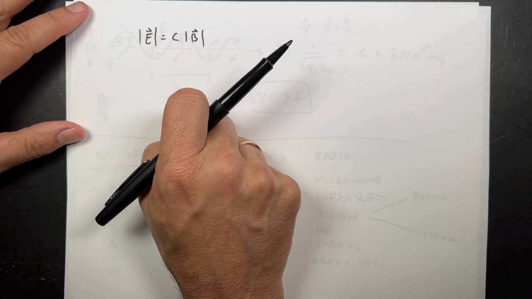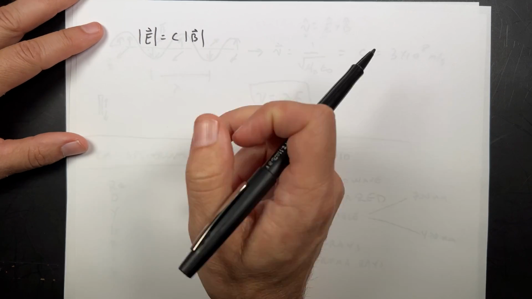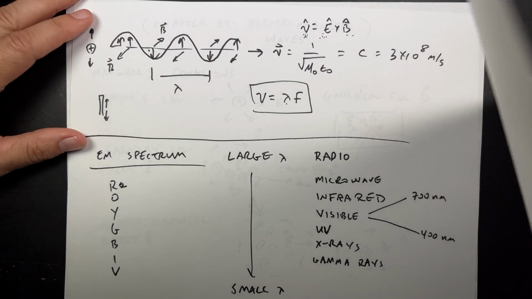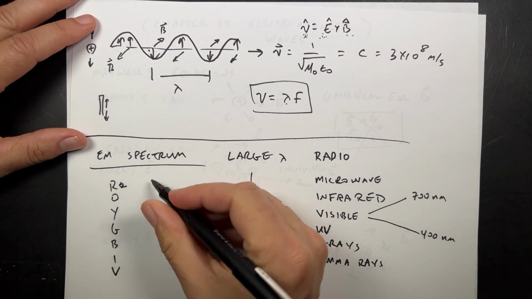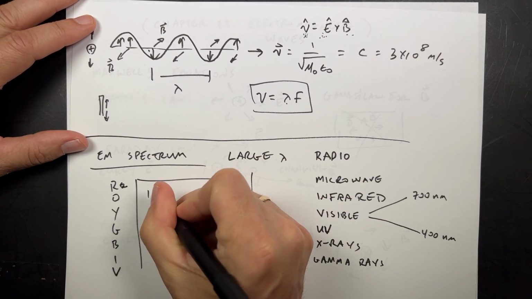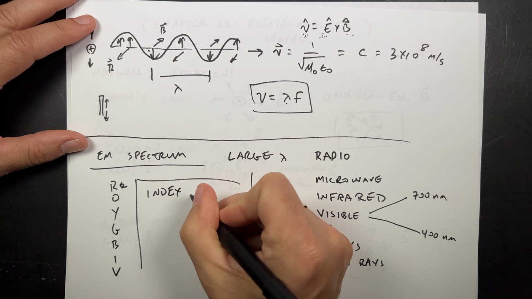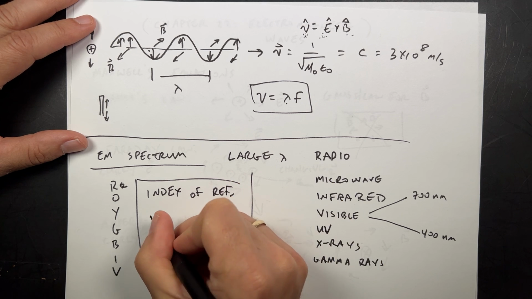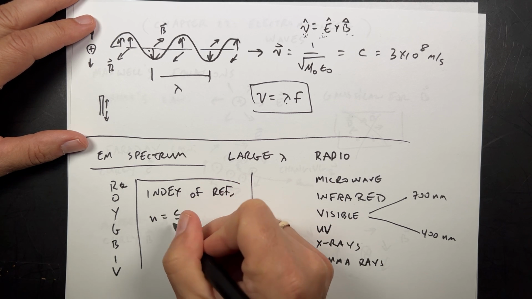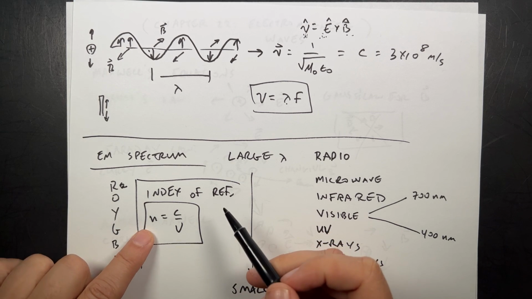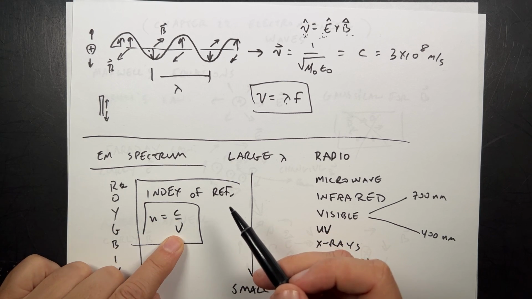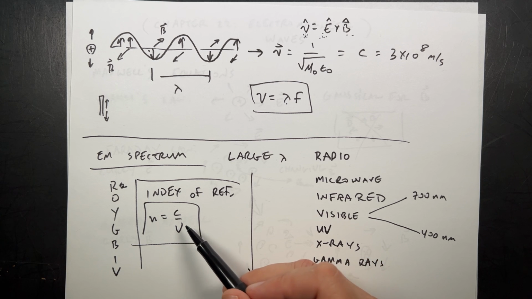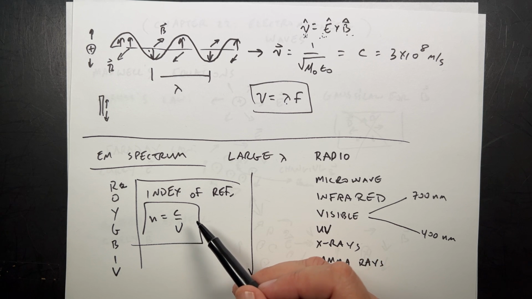Now, we can use this. We do have this index of refraction. And this is going to be really important later. I'll just put n. And it's n equals c over v. So this is the ratio of the speed of light in a vacuum to the speed of light in a material. So if you shine light into glass, the light travels slower.